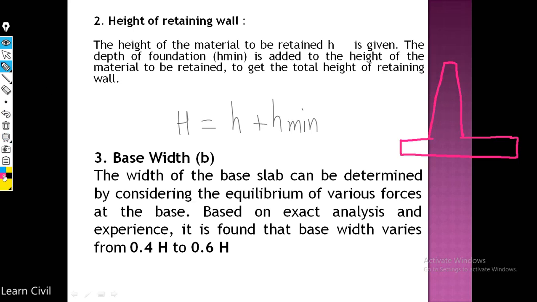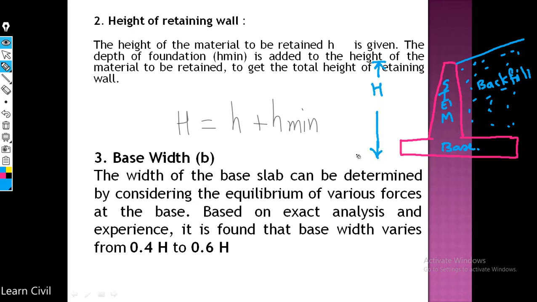The soil mass will be like this. Let us consider the soil mass is like this. This is your backfill. Then this particular portion is your stem, and this is your base slab. Now regarding dimensions, this is the total height of the retaining wall.